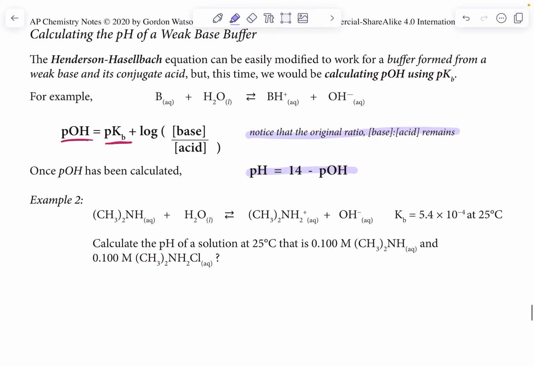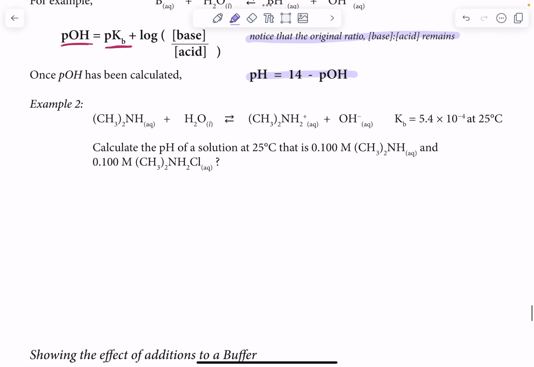Okay, so let's look at our example that we're going to use. So here we have a reaction equation, and I've got this (CH3)2NH molecule reacting with some water, and it looks like one of my hydrogens from water goes over to this first molecule. So that makes this a weak base because it's gaining a hydrogen, and that makes this thing over here its conjugate acid.